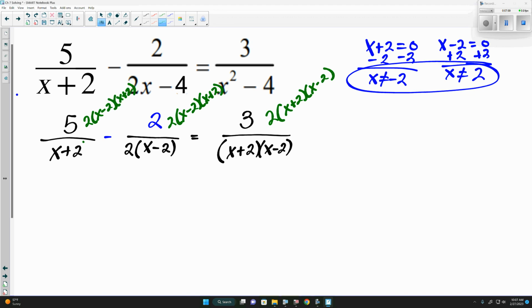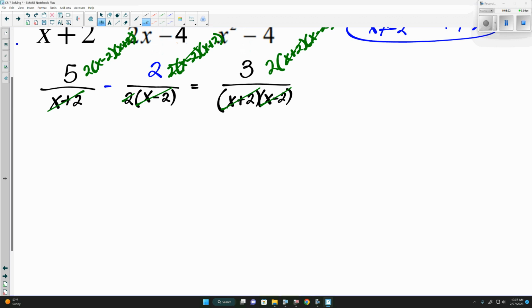So in our first one, the x plus 2 and x plus 2 would cancel. Our middle one, the 2 and the x minus 2, both of these will cancel. And in the last one, the x plus 2 and x plus 2 would cancel, and x minus 2 and x minus 2 would cancel. Any questions on this so far? So let's see what's left.